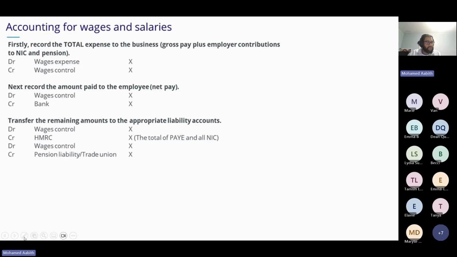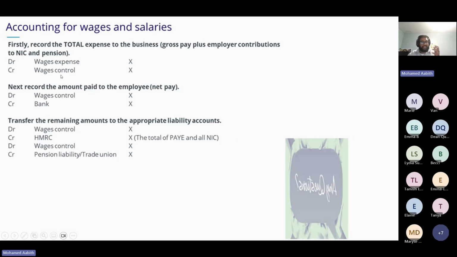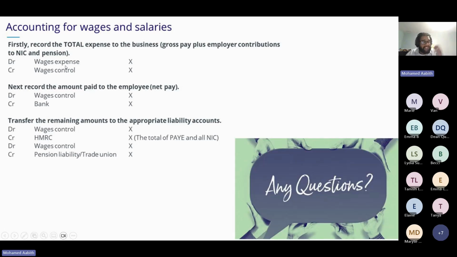What is the wages control account's purpose? The wages control account allows you to disperse your wages expense to the relevant entities. That means the wages control account is simply there to divert all your payments to the right entities. And once you've done them all, it should cease to exist. Gone.